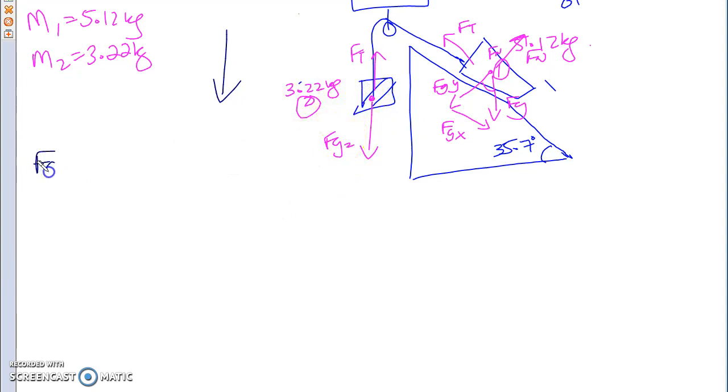So first thing I'm going to do is I'm going to say FG2 minus FT, which equals mass 2 times acceleration. And this one right here, well, what's pulling me upward?